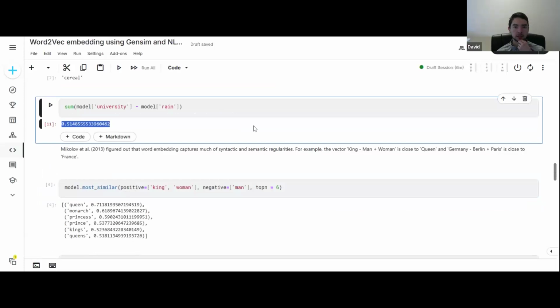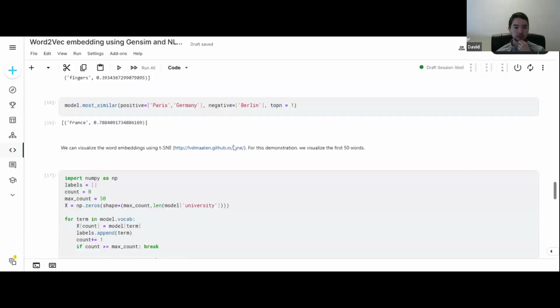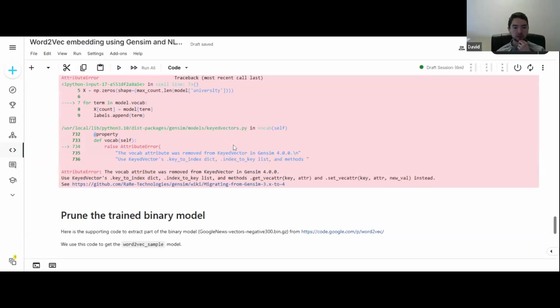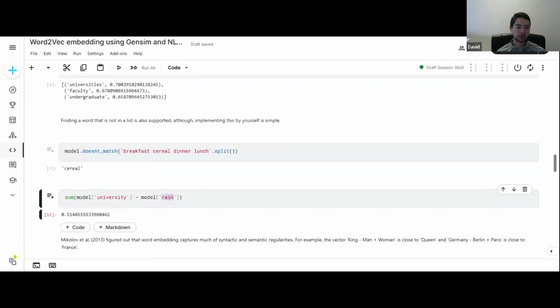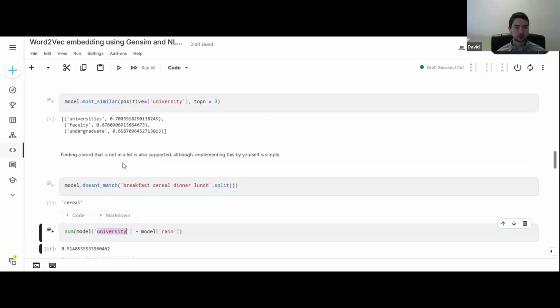The key thing is that they're supposed to be in a similar position. There's some visualizations using only 2 dimensions, but yeah, I don't know why it's doing that. But you can also use this to find words that don't match in a certain list of words.